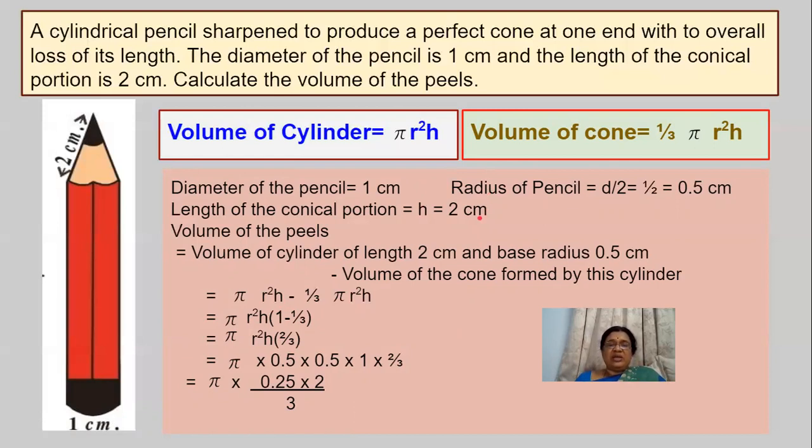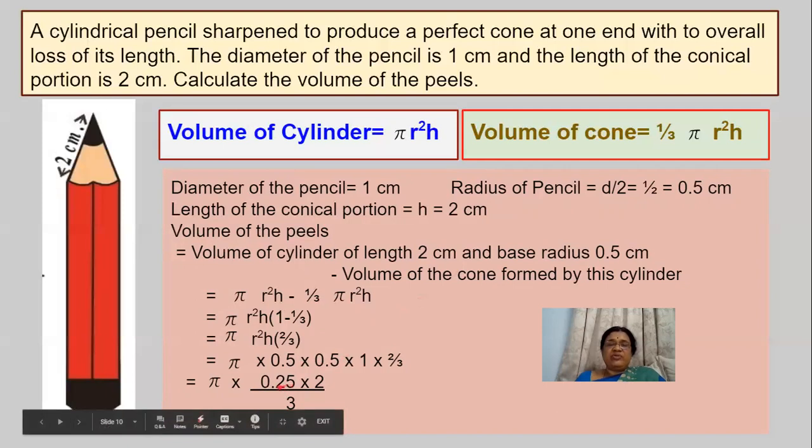Here I have taken the pi into 0.5 into 0.5. 5 fives are 25. Here after 2 digits you have to put the point, so before 25 I have kept the point, after 2 digits. So I have multiplied, and I got like this.